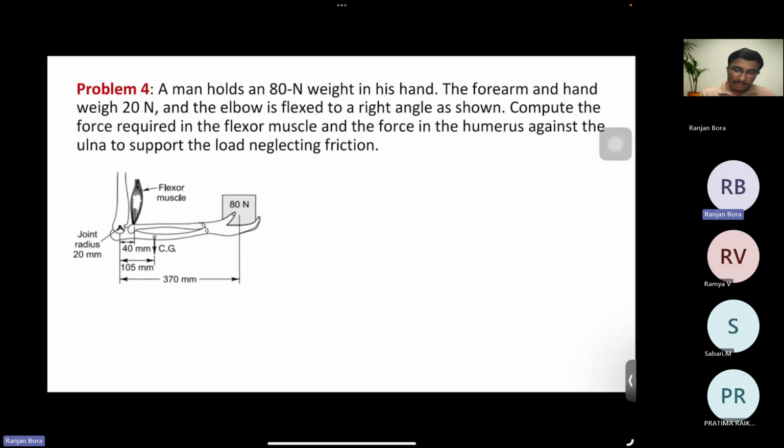We need to find the force required in the flexor muscle and the force of the humerus against the ulna to support the load, neglecting friction. Then give it a try.